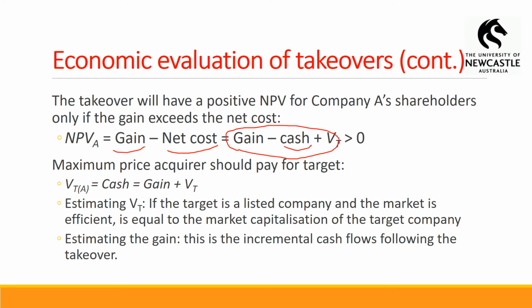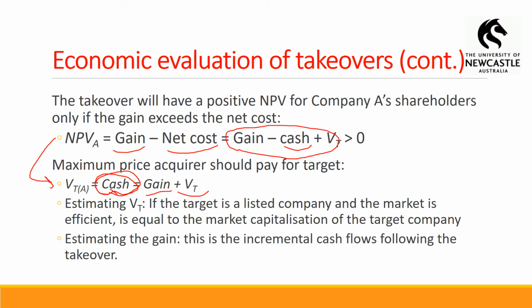So from this equation, we know the maximum price that we would pay the target, or the cash here. We want to find out how much we should pay for the target shares. So the maximum price that we would pay would be the gain, the synergy benefit, plus the value of the target firm.